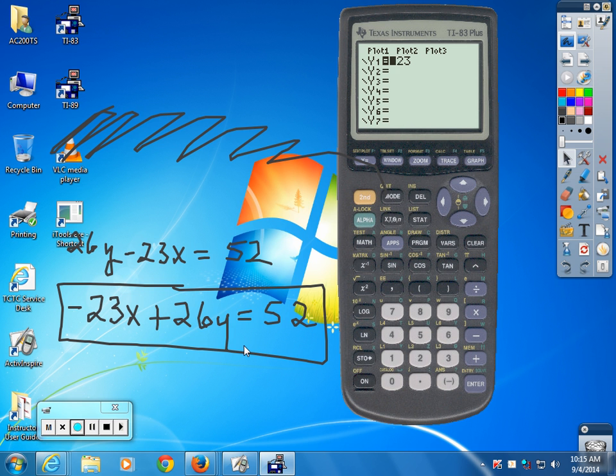Solve it for Y, that would be 23X, 23 divided by 26, would be negative 23 over 26, so positive 23 over 26. That'd be parentheses 23 divided by 26, close parentheses, X. And it'd be 52 divided by 26, which is 2, plus 2. And graph it. Hold on. And there's your graph.